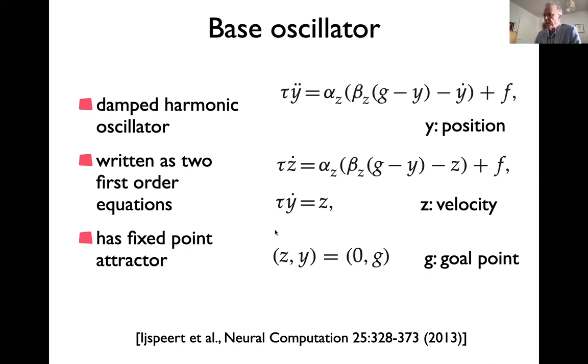So by setting the fixed point to the right values, to final velocity 0 and final position g, you can set the goal point where this system will come to rest. The idea will be that you're planning, for instance, to intercept a ball and so on, similar to the examples I showed, and the distance to the ball would define the amplitude of the movement system.